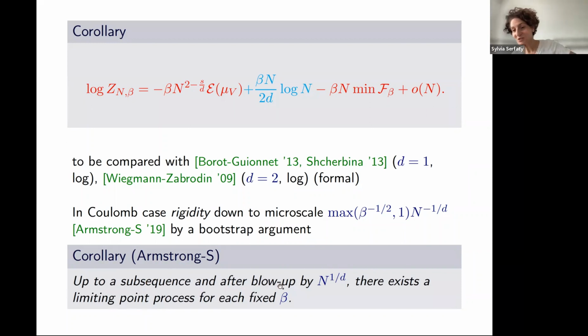That was something that was actually open, even though it sounds strange, but when you look at these configurations with temperature, when you zoom, people didn't even know that you can define a limit point process, except for this beta equals 2 determinantal case, this particular case. Now we can show in any dimension in all the Coulomb cases that there is, up to a subsequence, a limiting point process. It would be much nicer to have it without subsequences, but we don't know how to prove that.